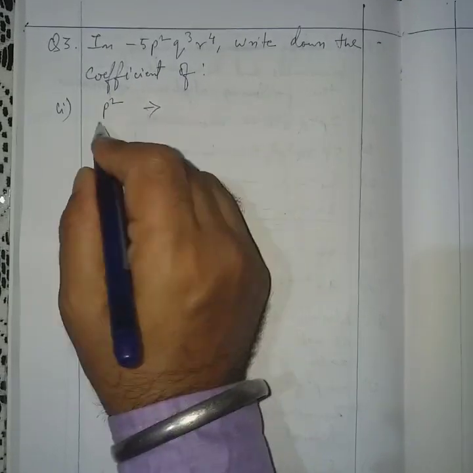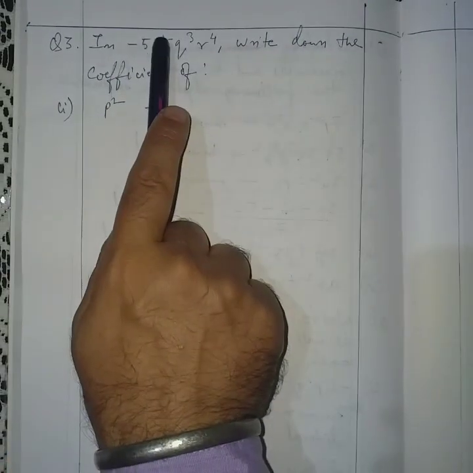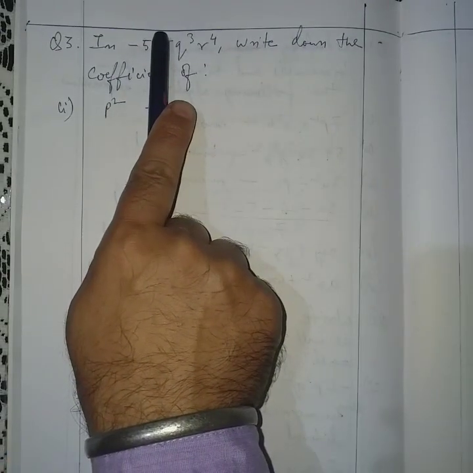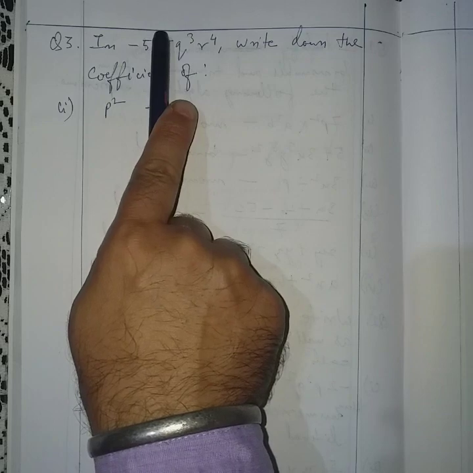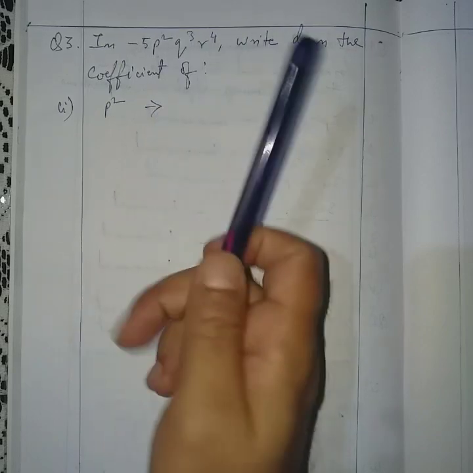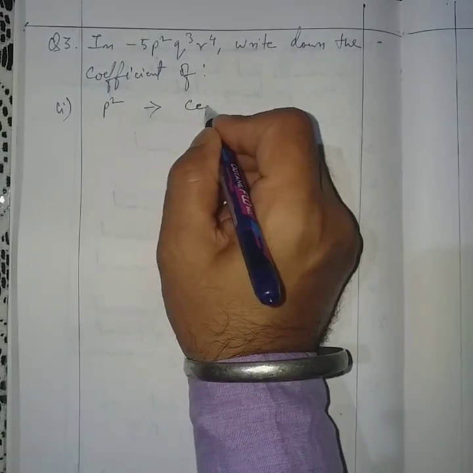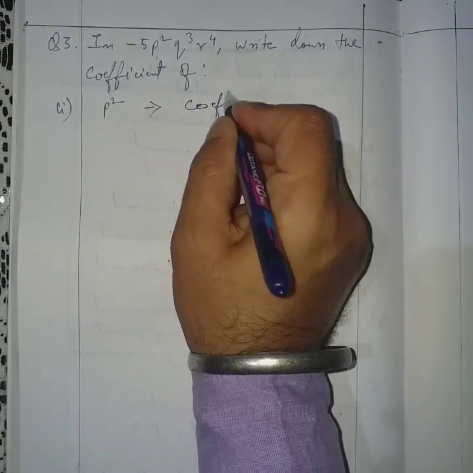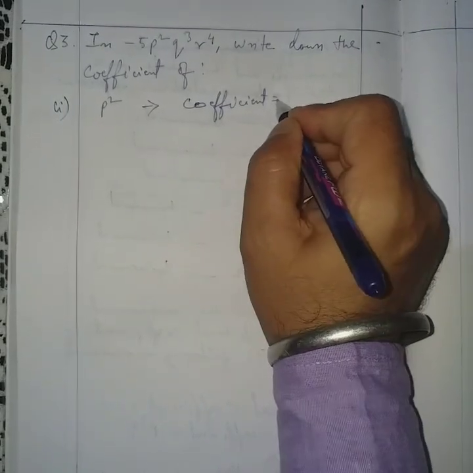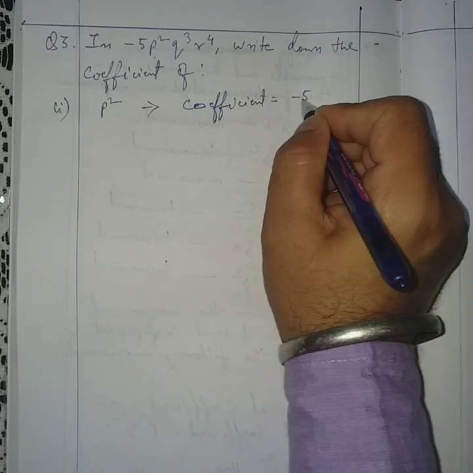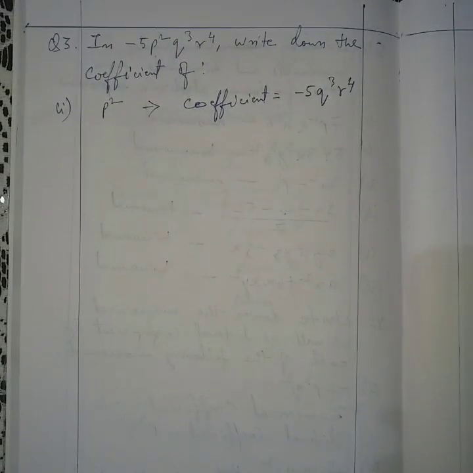This coefficient of p square means we take out p and p. Okay, what is remaining? Minus 5 q cube r to the power 4. This is the coefficient. Okay, the coefficient is equal to minus 5 q cube r to the power 4.